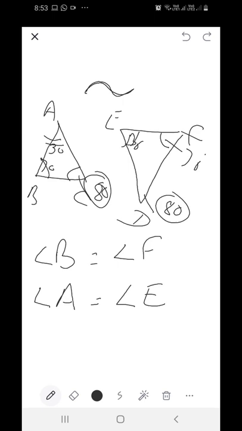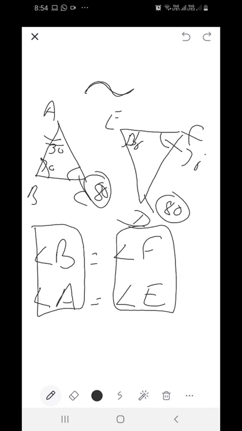So I mean to say that you have to only show two pairs of angles equal to each other of the two triangles. You don't have to show the third angle equal. So if you show two angles of one triangle equal to two angles of another triangle, then the triangles become similar by the axiom AA.